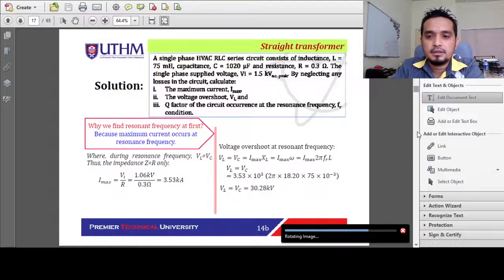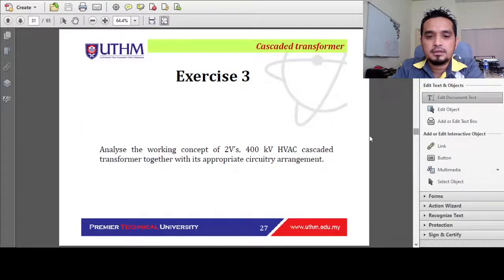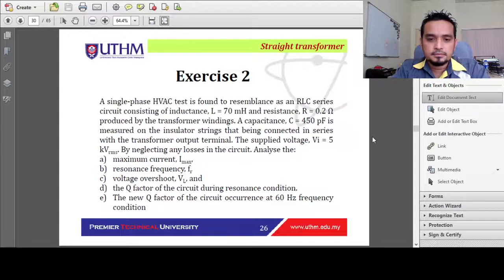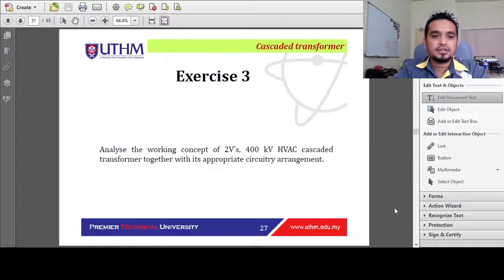Okay, let's just scroll back to this tutorial. Okay, exercise 2 and exercise 3. Okay, analyze the working concept of 2V for 400 kV AC cascaded transformer together with its appropriate circuitry arrangement.